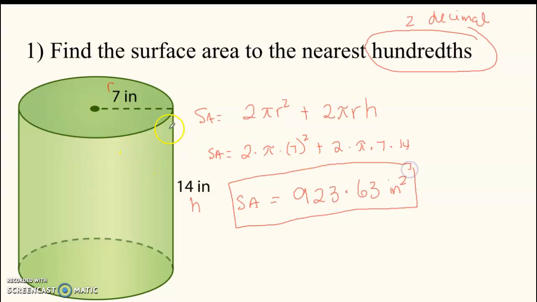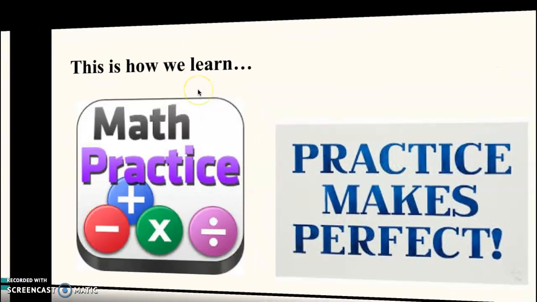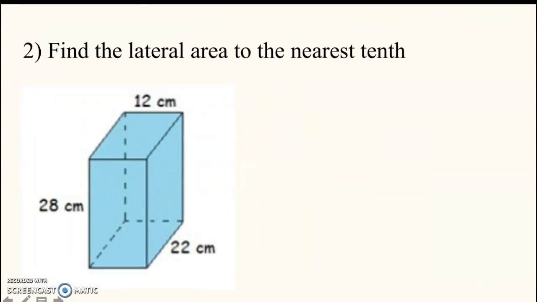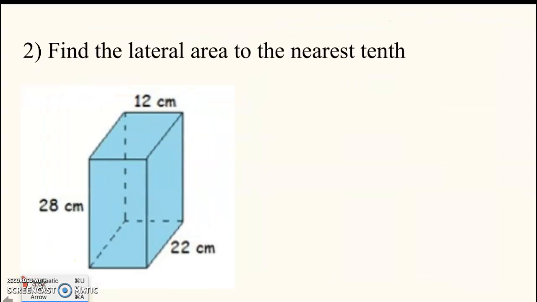Again, surface area is everything: the top, the bottom, and the entire barrel. Here we're going to go ahead and do the lateral. So remember, the difference is we're not including the top and the bottom.